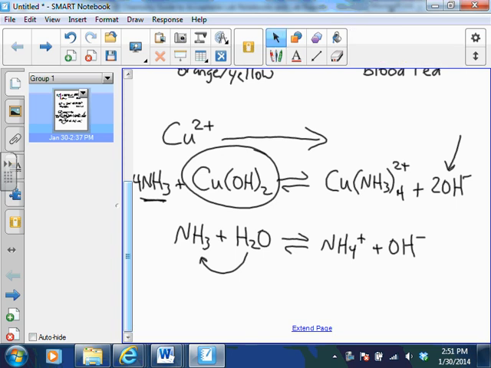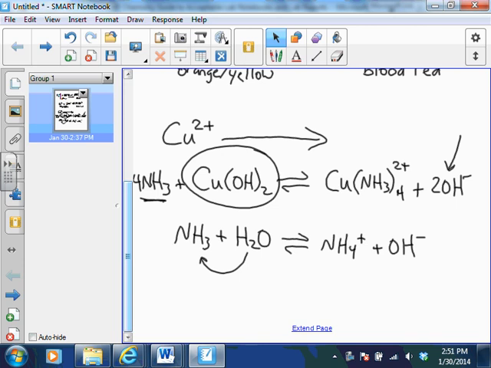Okay? So again, that one's a little complicated because there's a couple of things going on there with the same reactant. It's interesting that you can add a little bit of NH3. It produces this OH minus because the NH3 is reacting with the water. And then because you produced OH minus, that's going to react with the copper to make the copper hydroxide. But if you add enough of the NH3, and this is the way they always phrase this in these coordination complex problems, you flood it with the NH3 or you add an excess amount of NH3.